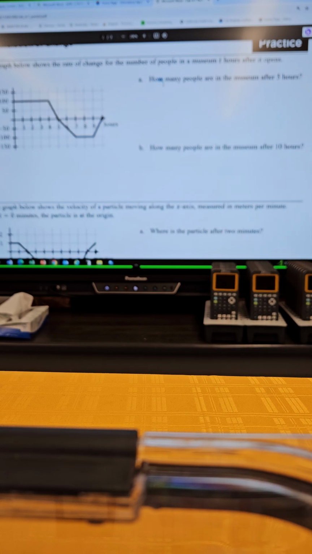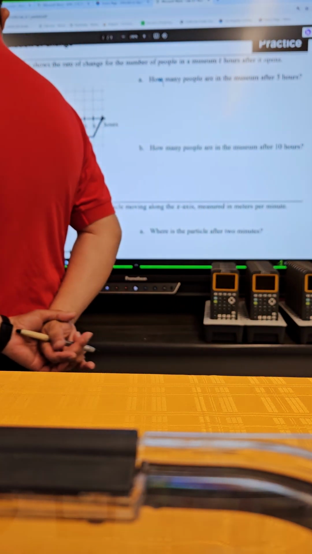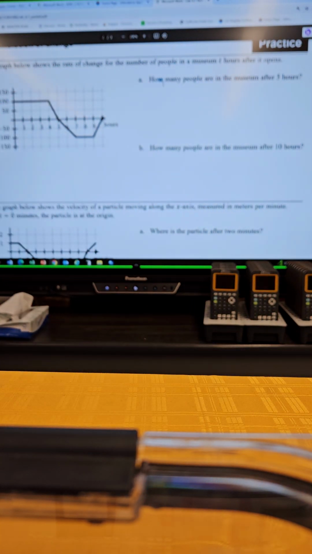What is the figure on top? If you do it by rectangle and triangle, it takes a while.